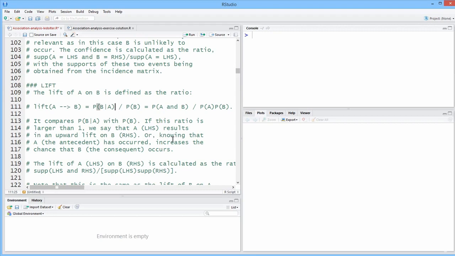Now, if it's higher than 1, that means that when they buy A, you have more information.